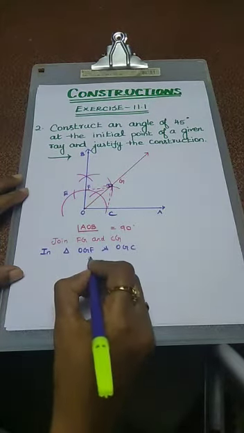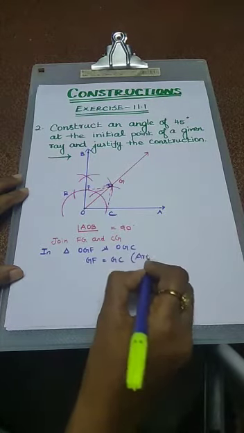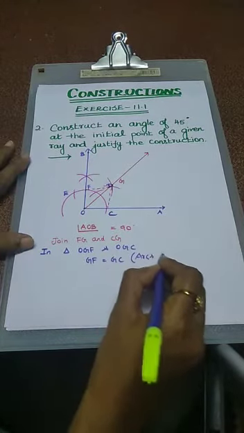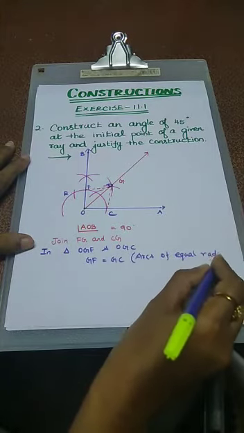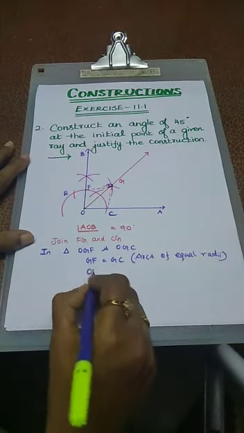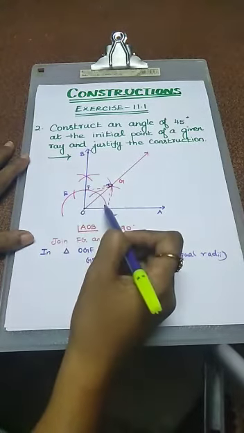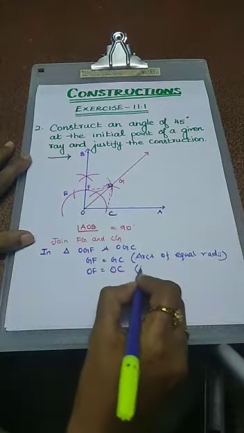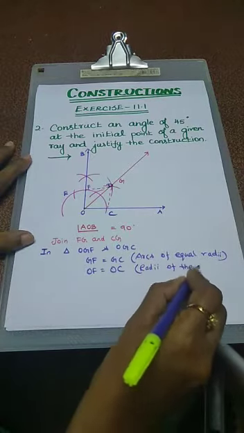In these two triangles, GF equal to GC. What is the reason? Arcs of equal radii. Another one, OF equal to OC. The same reason, radii of the same arc.